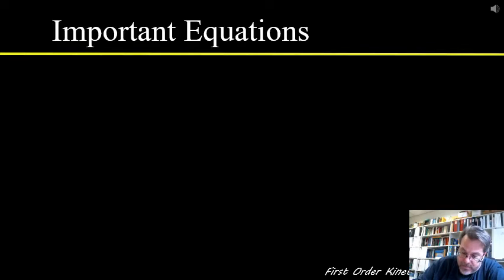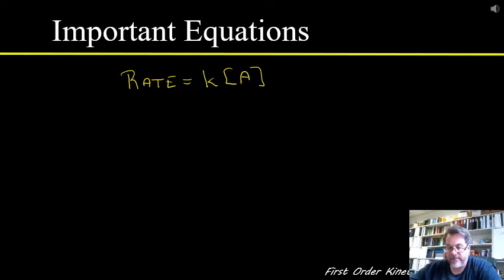Okay, so as we said before, the primary equation, the definition basically, of a first order reaction is that it's a reaction for which the rate is directly proportional to the concentration of the reacting species, the reactant A. Right?